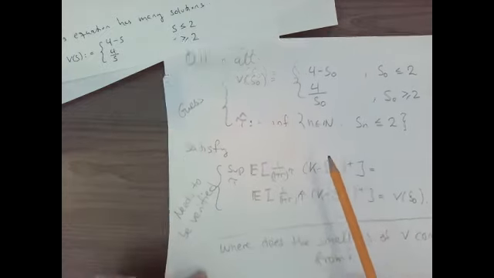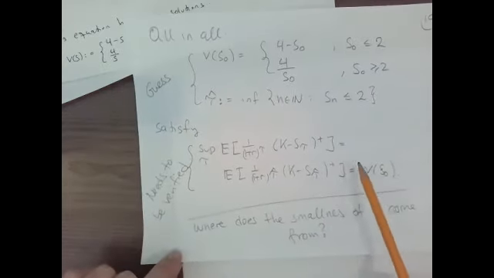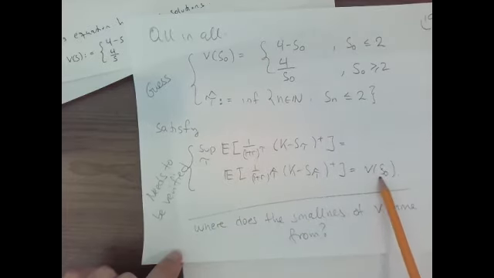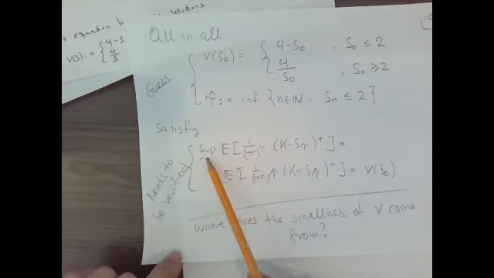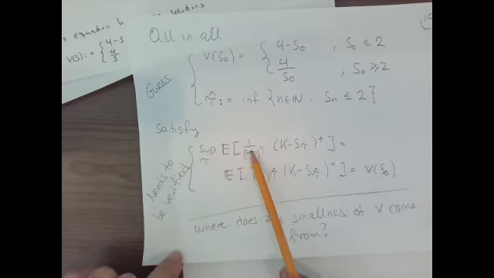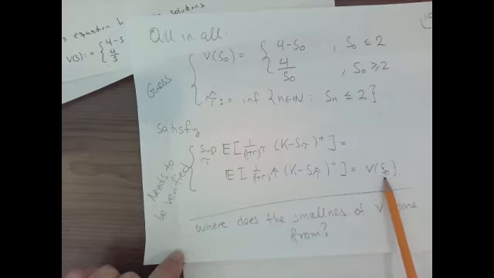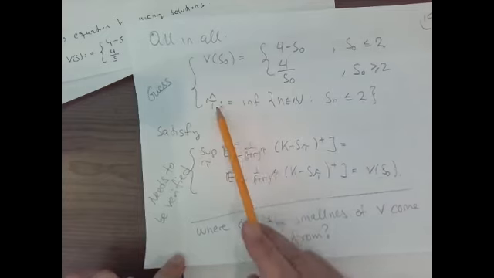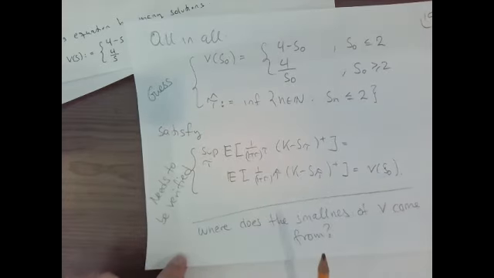We define this function here, and now we're claiming that this supremum is exactly the value function. So we'll take the supremum over stopping times, compute this expectation for each one of them, take the biggest, and we're going to get the same thing as when I plug in the particular stopping time I have up here.